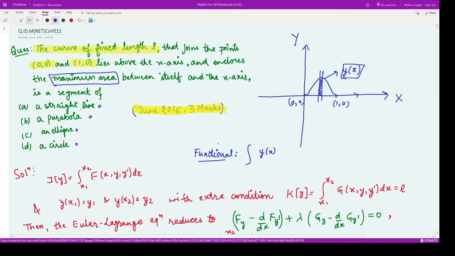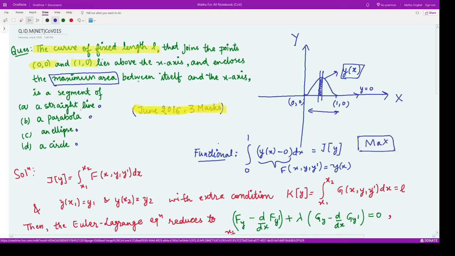The lower curve is the x-axis, that is y equal to 0. So we have y(x) minus 0, dx, and if I move this strip horizontally from 0 to 1, I will cover the whole region. So, the integral from 0 to 1 of y(x) dx would be our given functional J[y]. Let's call the integrand f, so f(x, y, y') is y(x). This is our functional and we need to maximize it.